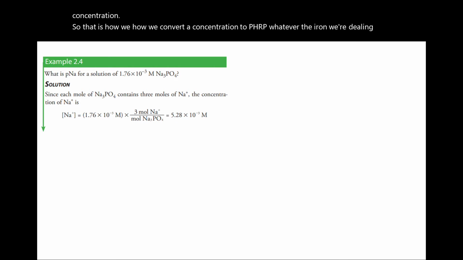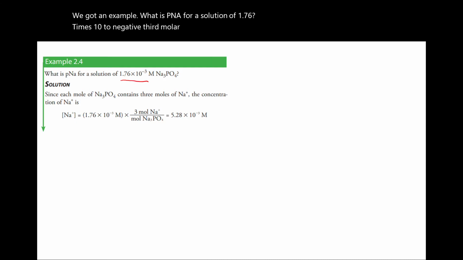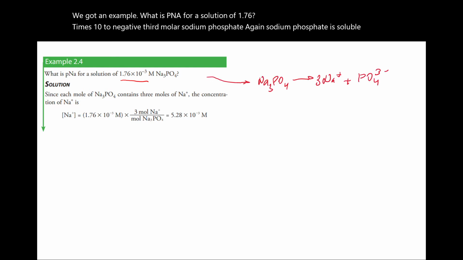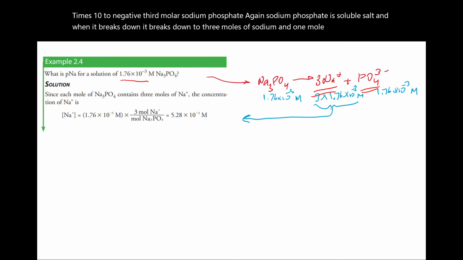Here we got an example. What is pNa for a solution of 1.76 times 10 to negative third molar sodium phosphate? Again, sodium phosphate is a soluble salt, and it breaks down to 3 moles of sodium and 1 mole of phosphate.